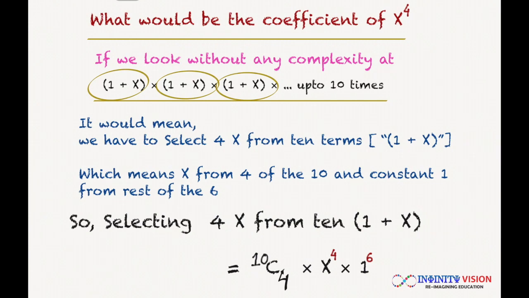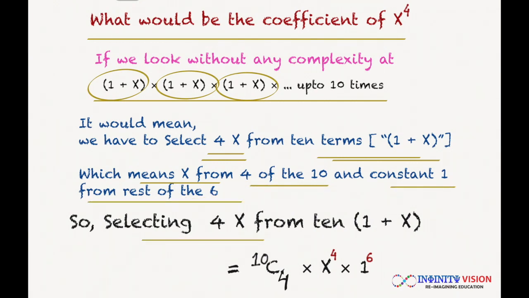So it means we have to select 4x from 10 terms, that is 1 plus x, which means x from 4 of the 10 and constant 1 from the rest of the 6. So selecting 4x from 10 1 plus x, that would be 10c4. So each 4 would be giving me x, and then the rest 6 would be giving me 1.